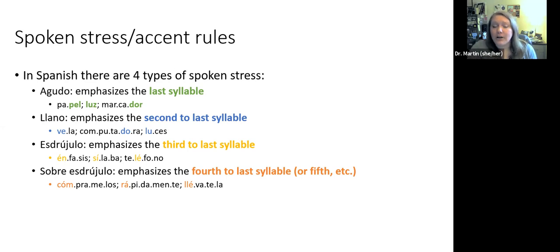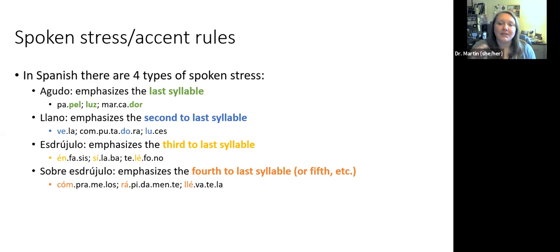Next, we have words that are called estrújulo. These emphasize the third to last syllable, right? So if you're counting backwards, so énfasis, sílaba, teléfono, okay? And then there are also words that have accents that go even further into the word, and we just call these sobreestrújulo.